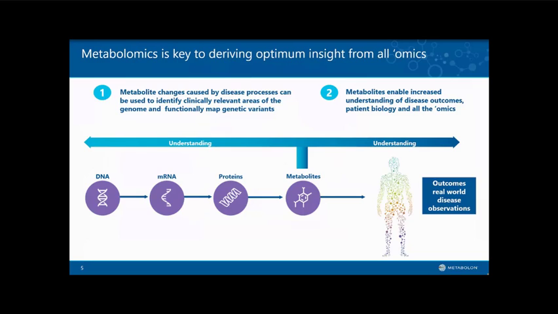And metabolomics is the key to driving optimum insight from all these upstream omic modalities, as well as external factors such as exposure, microbiome, and lifestyle, to provide real-world outcomes for what's going on in an individual, such that we can functionally map upstream omics modalities such as genetics to understand what's going on in genes and genetic variants and how they influence health and wellness and real-world clinical outcomes, and all these other non-genetic influences, like the microbiome, that affect health and wellness in a real-world status.